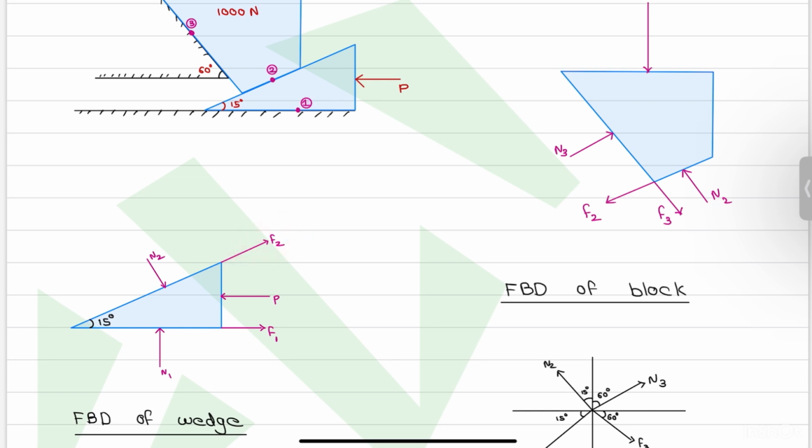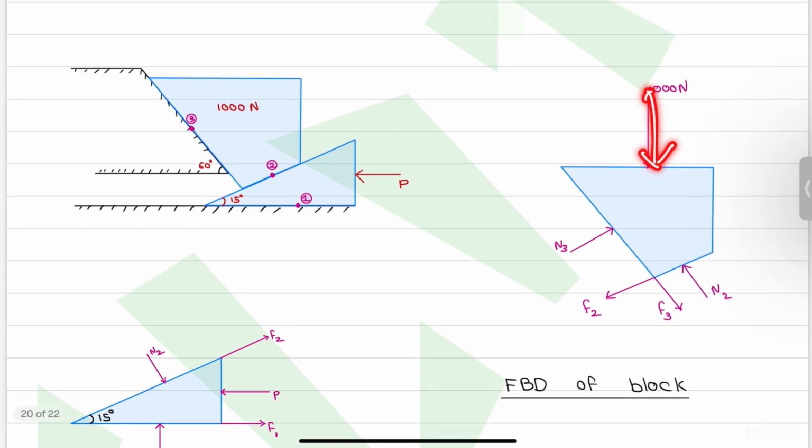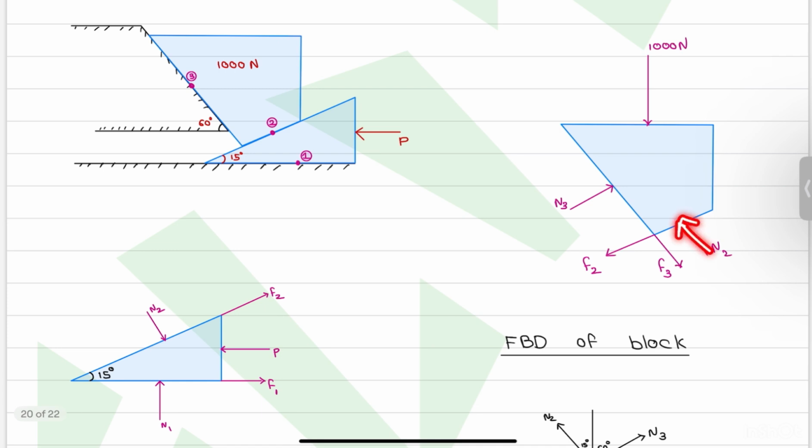Similarly for the block, a weight of 1000 newton acts downwards, and there is a normal reaction at this contact surface, and the friction F2. From this surface there is a normal reaction, which I have represented as N3, and when the block moves upward, there is friction on the downward side, that is F3.